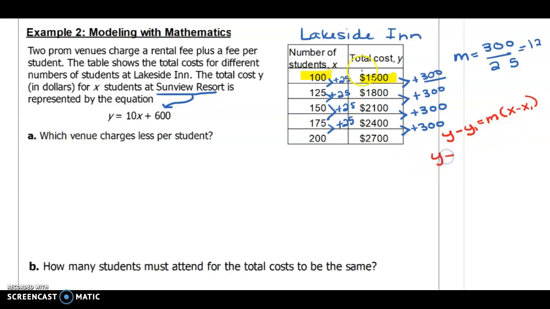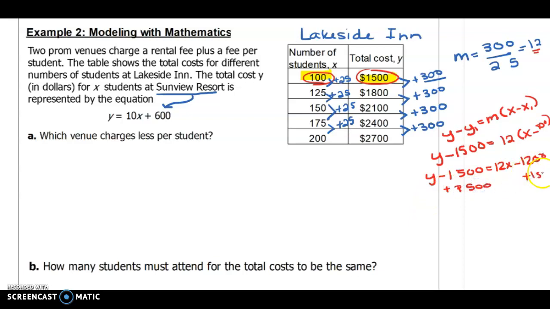So y minus 1500 equals 12 times x minus 100. If I clean this up, I have y minus 1500 equals 12x minus 1200. Add 1500 to both sides, so I get y equals 12x plus 300. This is the equation for Lakeside Inn.